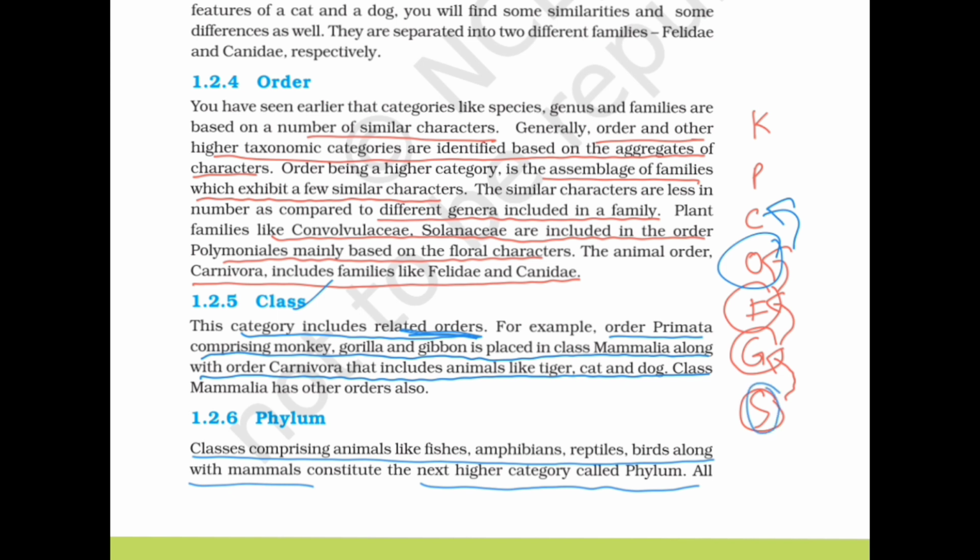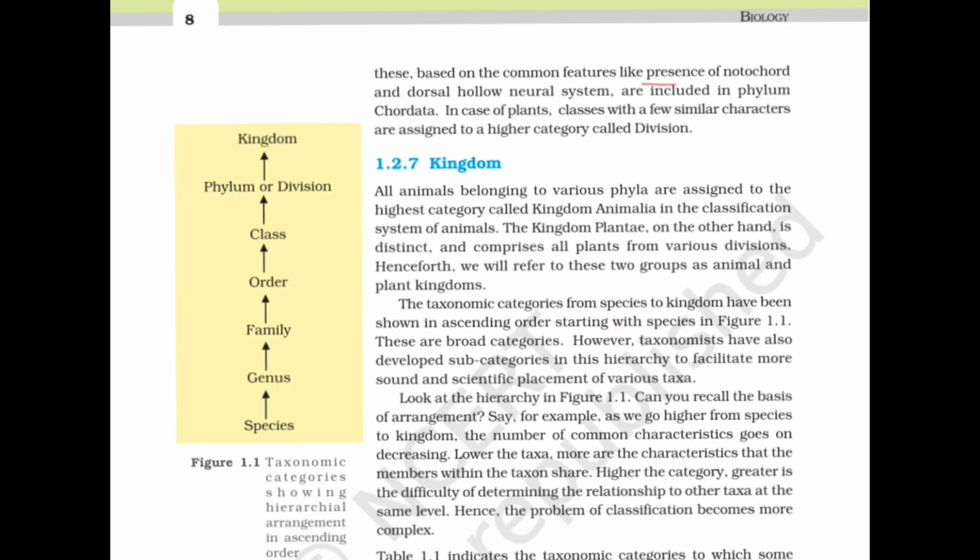A lot of species combine into a genus, a lot of genera combine into a family, a lot of families combine into an order, a lot of orders combine into a class, a lot of classes combine into a phylum. Understood? All these, based on common features like the presence of notochord and dorsal hollow neural system, are included in phylum Chordata.